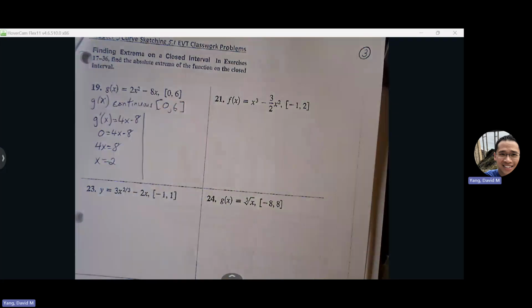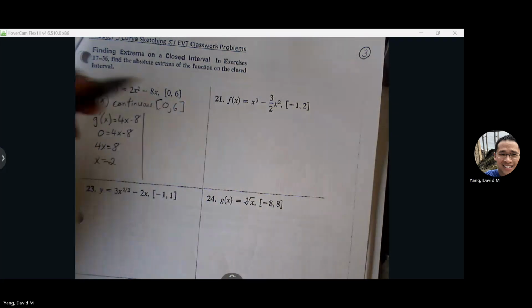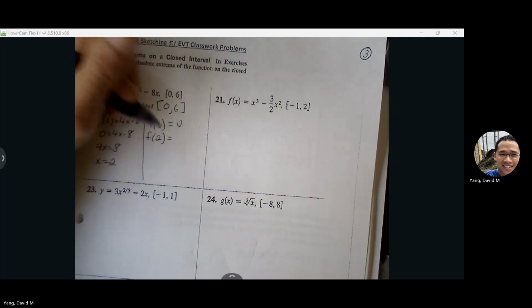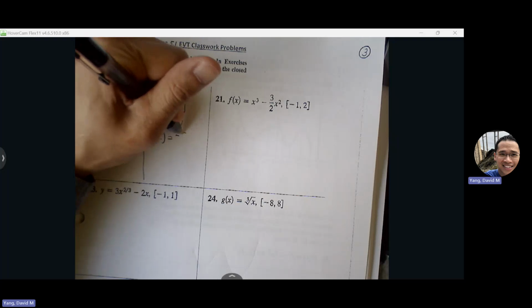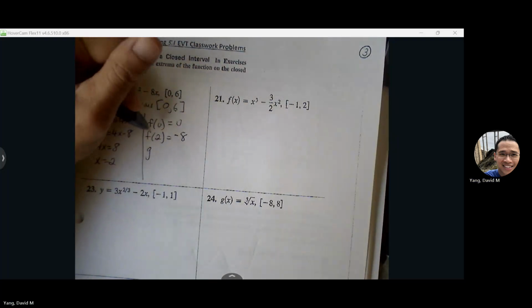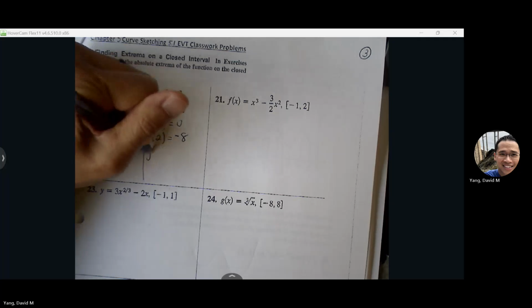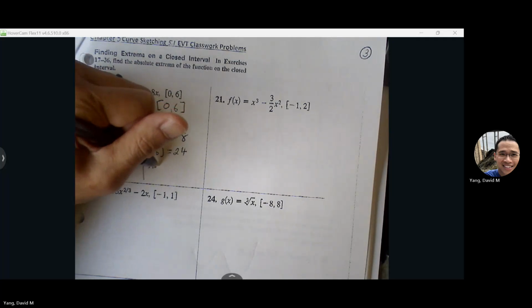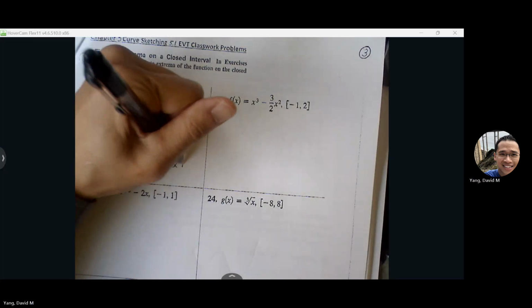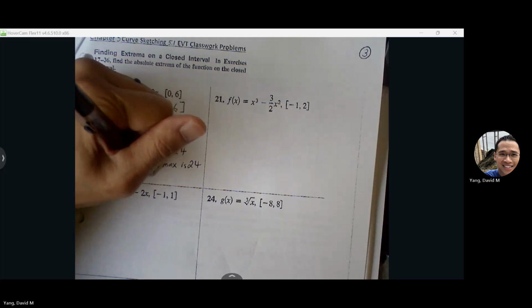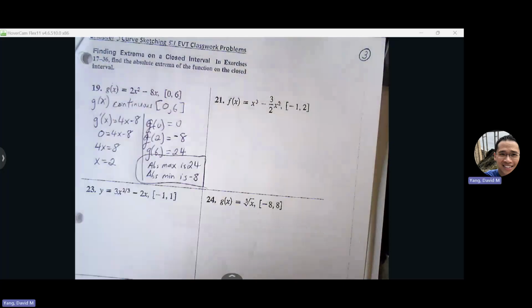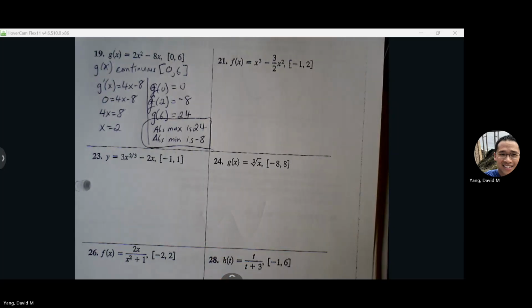And they all go back into the original function. Okay, you can use your calculator if you would like. Sorry, these are all G functions. All right, try 21.